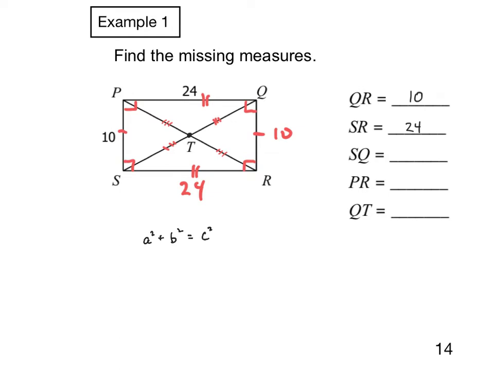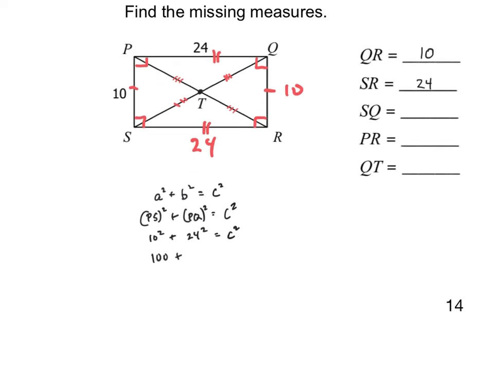In this case, that's 10 squared plus 24 squared equals c squared, or SQ squared. So 100 plus 576 is 676, which is equal to c squared.